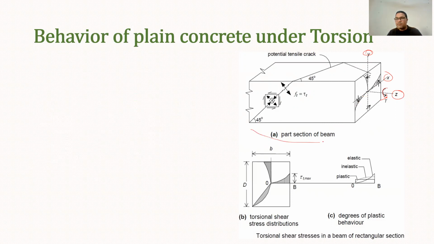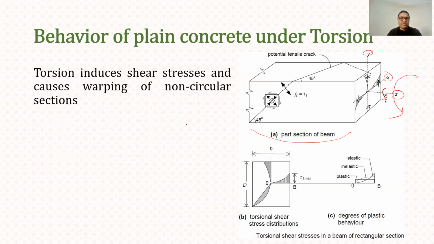So bending will occur like this, and torsion is occurring like this. This torsion generally induces shear stress. So here I also write: torsion induces shear stress and causes warping of non-circular sections.